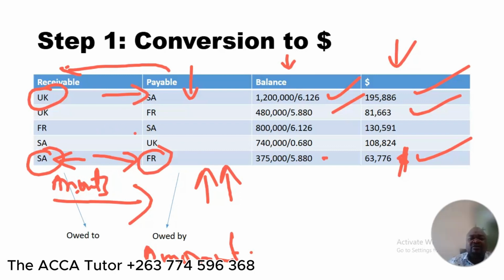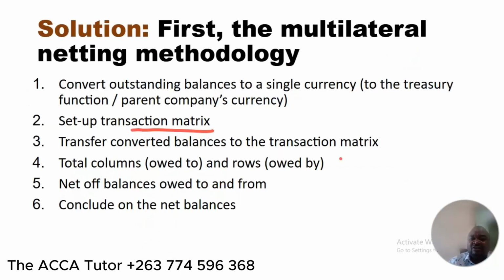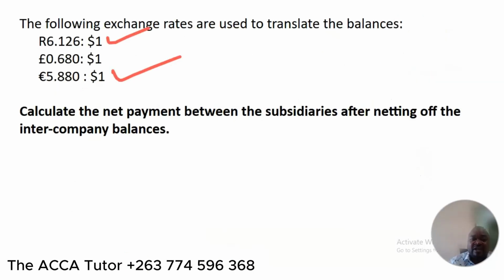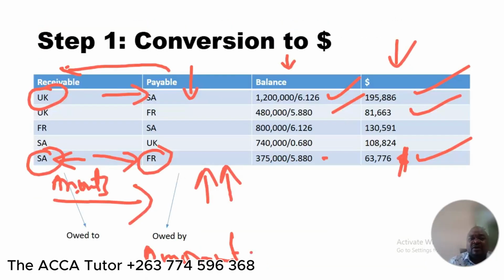Then we come to the France South Africa trade relationship. We ask ourselves, the 800,000, was it in rands or in euro? This was in rands, South African rand. So we go to the rate that involves the rands, and that was 6.126 per dollar. We come here and use that one to get this much.